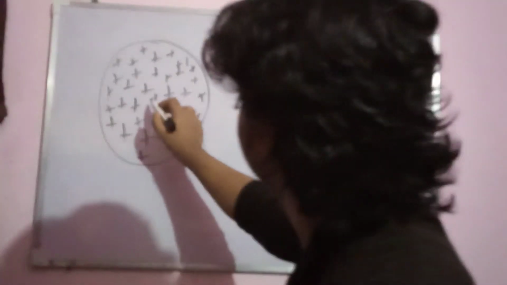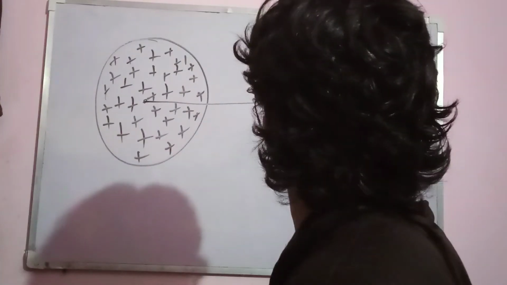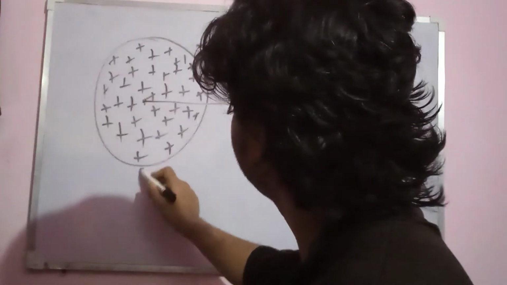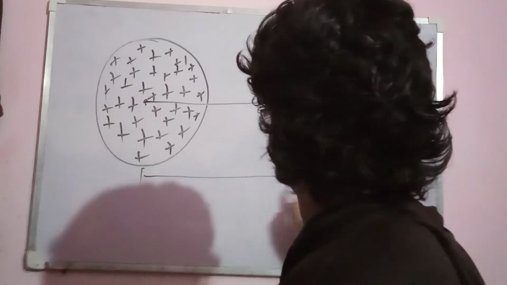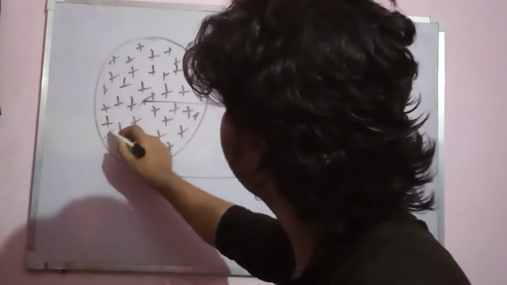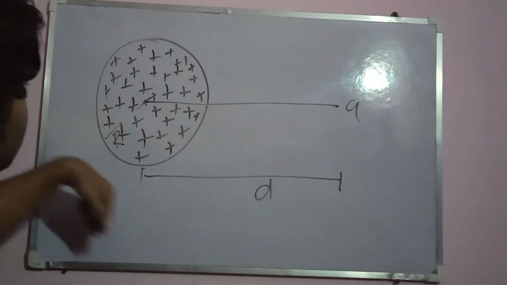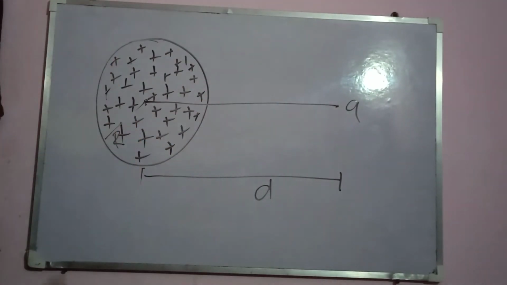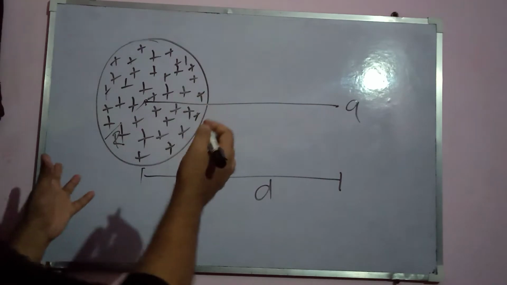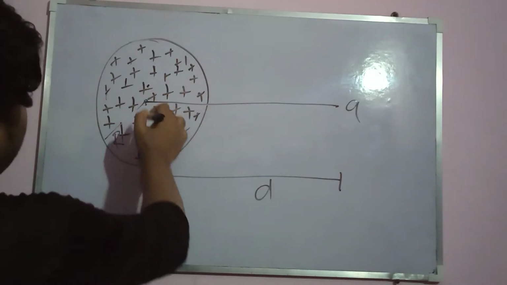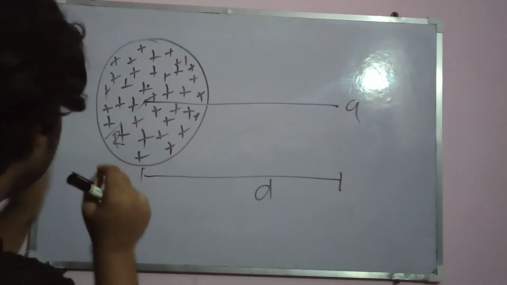Again Q here, and from the center of this setup the distance will be D, and this will be R. So this is a uniformly charged insulating sphere. By the same analysis, wherever you take charges, you have to put an infinite number of point charges.